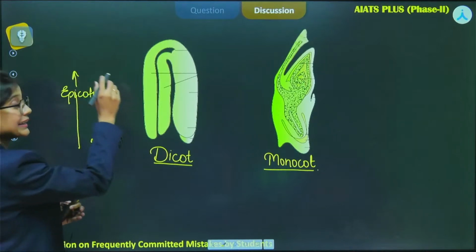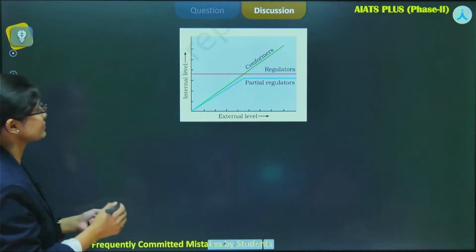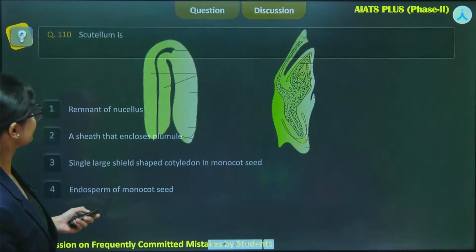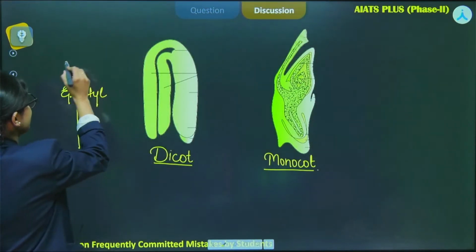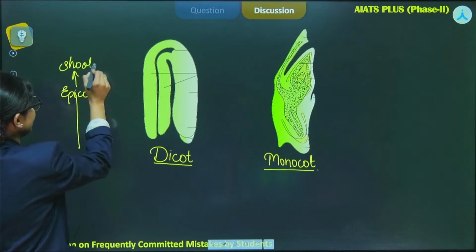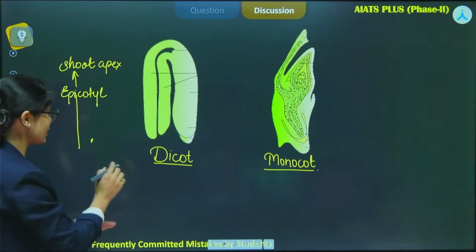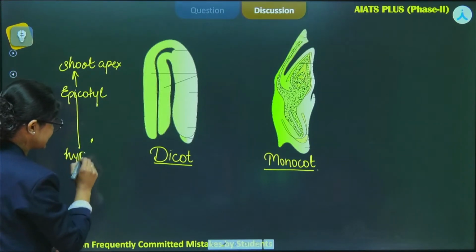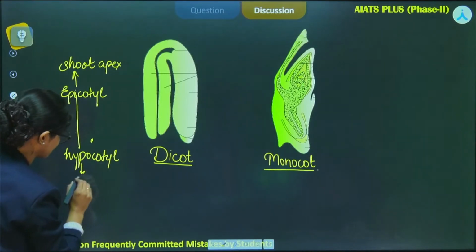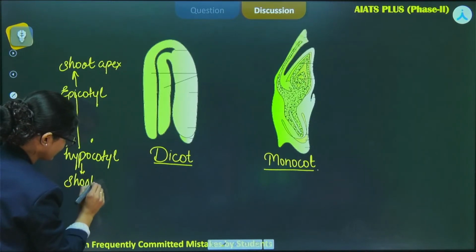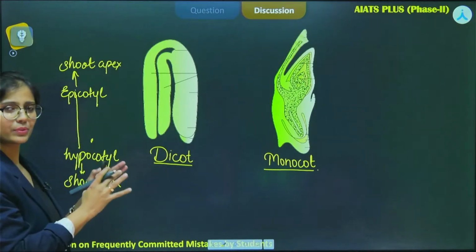Or we can say, if we talk about the dicot, here epicotyl is giving rise to shoot apex. Now, if we talk about below the embryonal axis, hypocotyl is present. It will give rise to root apex. This is the way we can remember this.